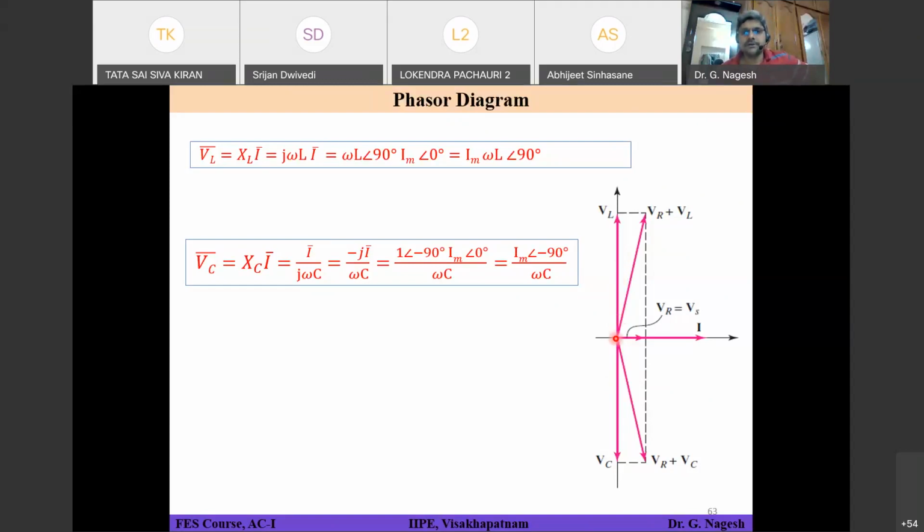If you apply KVL, you will observe that voltage across the inductor, let's say plus X, voltage across the capacitor will be minus X. These all are complex additions, and your source voltage will be exactly equal to VR.